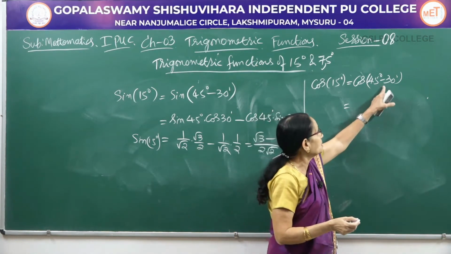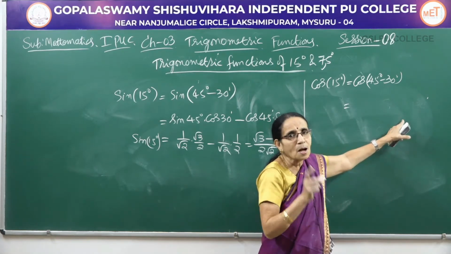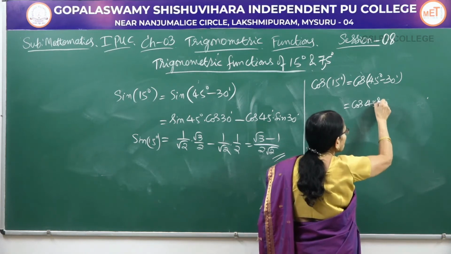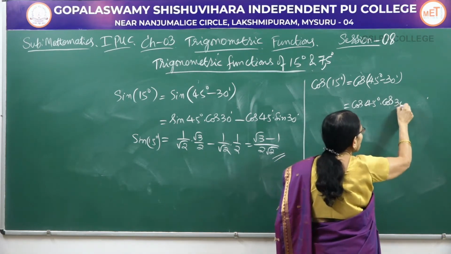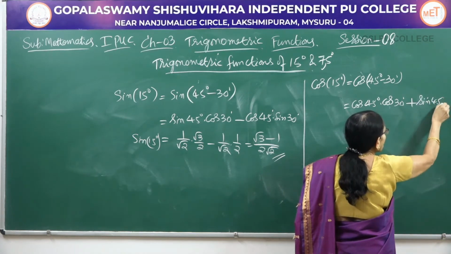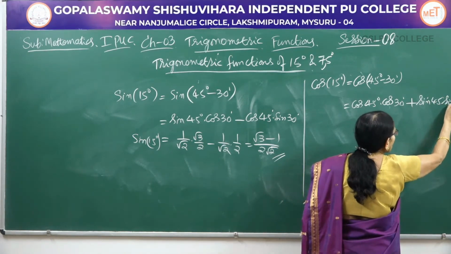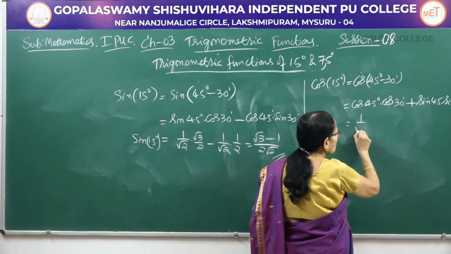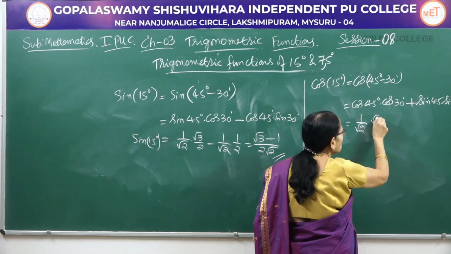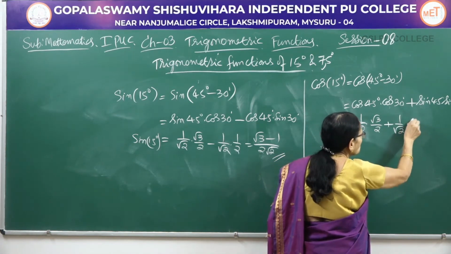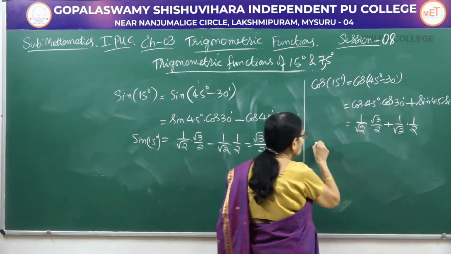So when this is minus, in the expansion we will have the positive sign, that is cos 45 into cos 30 plus sin 45 into sin 30. Now all these being standard values, 1 by root 2 into root 3 by 2 plus 1 by root 2 into 1 by 2.